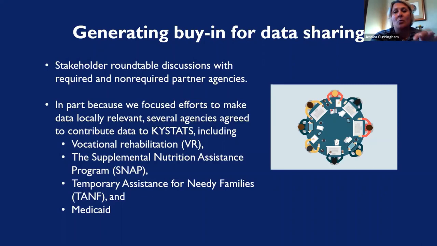So those are our core partners that we're legislatively authorized to collect in legislation. However, we do have partners that have data integrated into our system that are not required by legislation. So we're going to talk a little bit about what some of those data sources are. Some of those being vocational rehabilitation, the SNAP, TANF, Medicaid, and so forth. If you don't mind to move to the next slide, please.